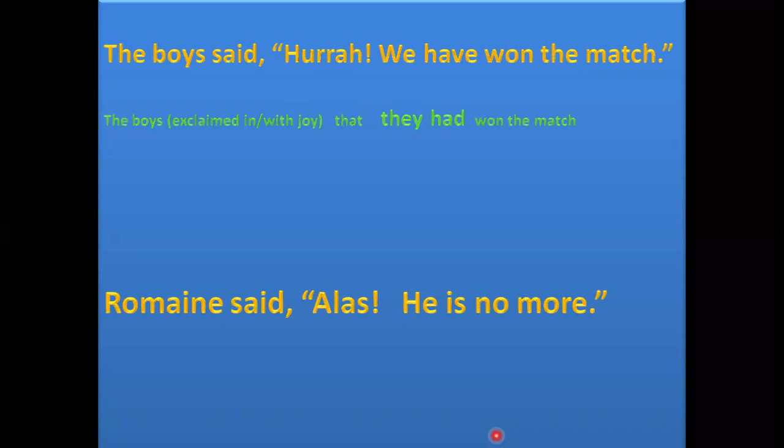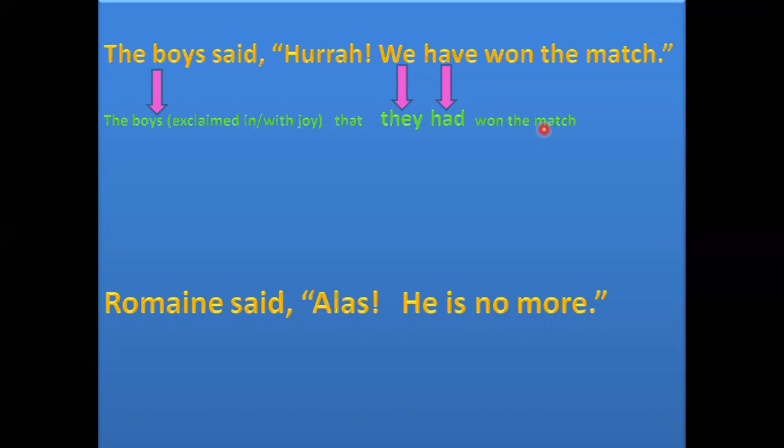So if we are changing the first sentence from direct to indirect speech, the structure of the sentence will be like this. The boys exclaimed in joy or exclaimed with joy. Both are accepted. And then the linker, they had won the match. Let us see the part by part analysis of this sentence. Boys is the subject, and why did we have they?